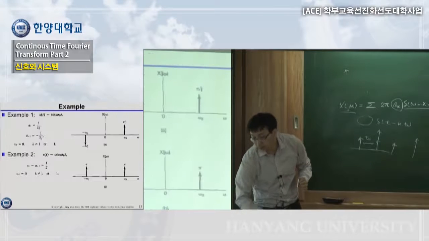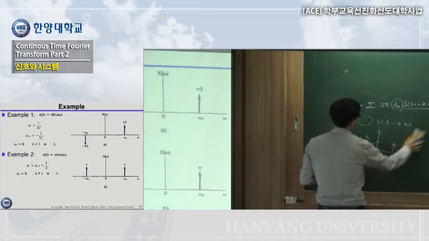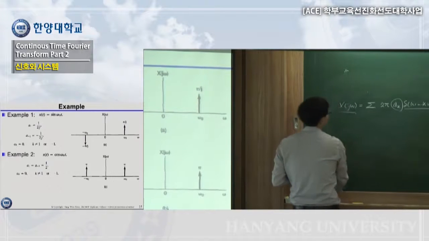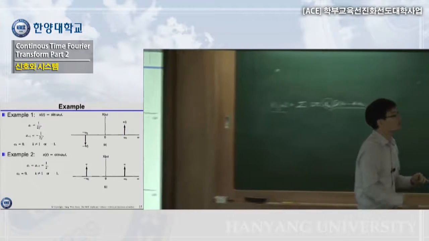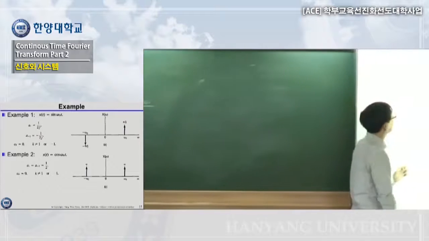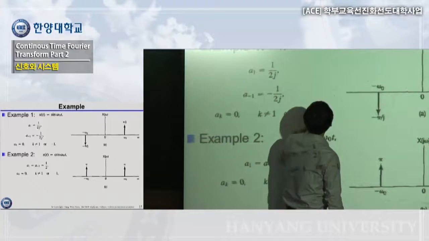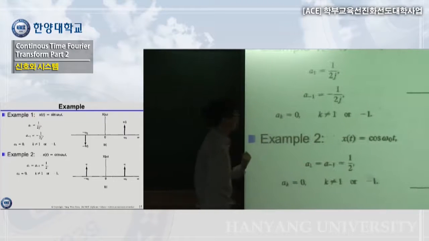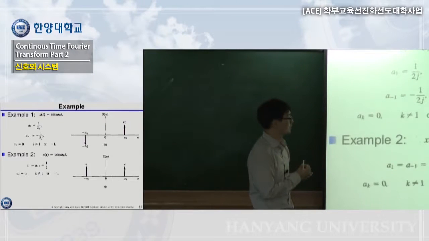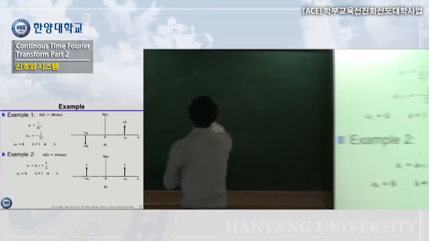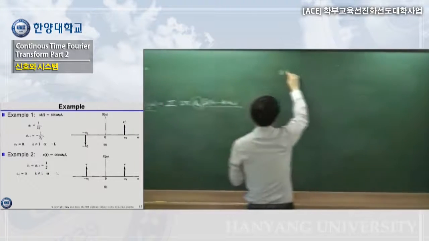Let's have an example. If x of t is sine omega 0 t, we already had this example before.